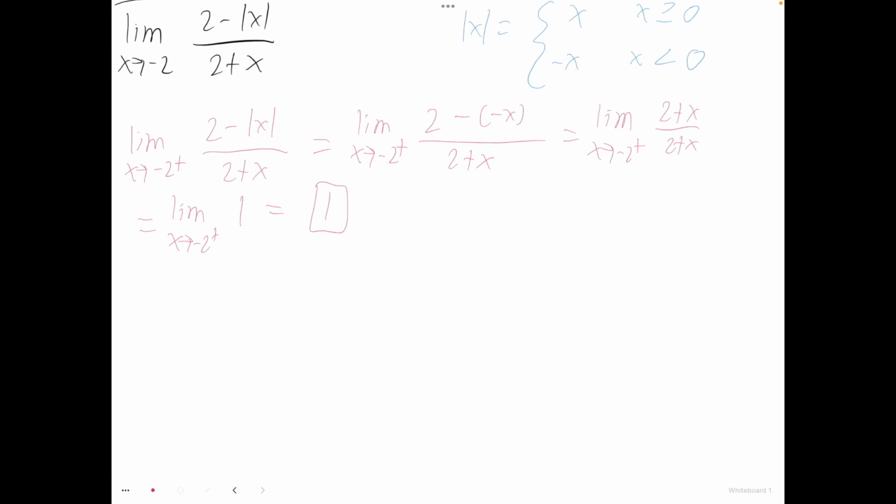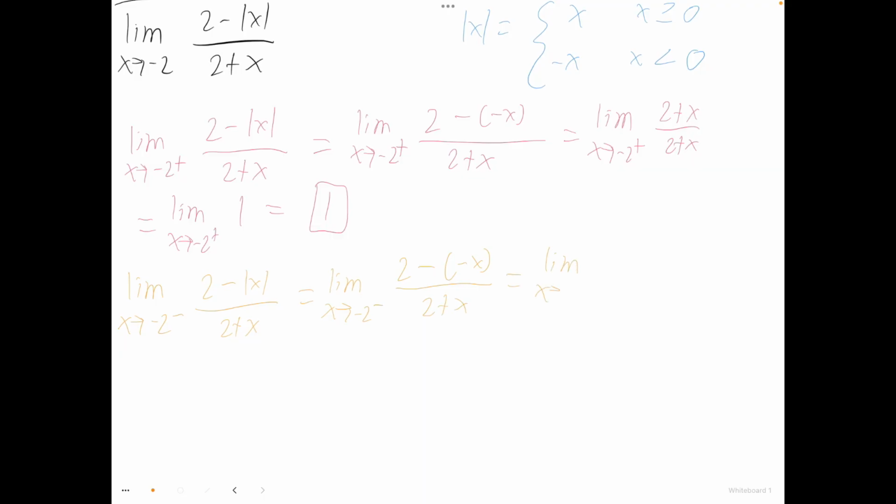And so now we're going to take the left-hand limit as well. So we take the limit as x goes to negative 2 from the left of 2 minus the absolute value of x over 2 plus x. Now, when we plug in values to the left of negative 2, we're going to plug in things like negative 2.01, so they're still negative, so the absolute value of x still is negative x, and we're still dividing by 2 plus x.